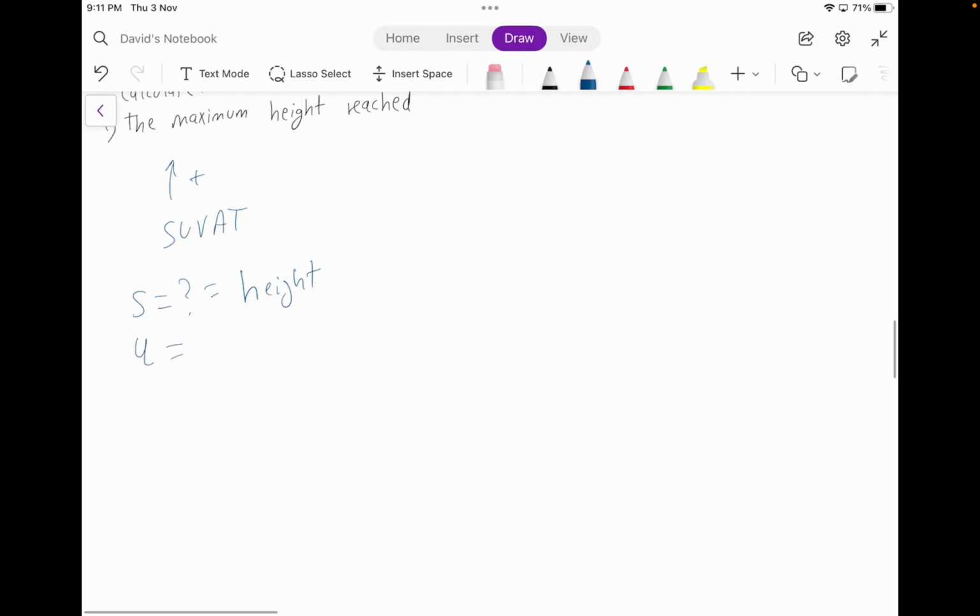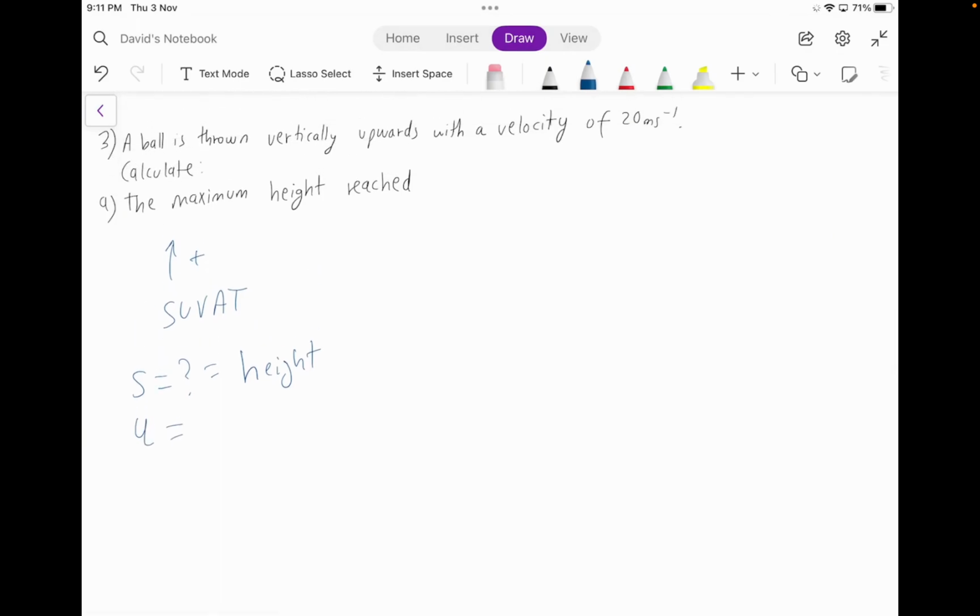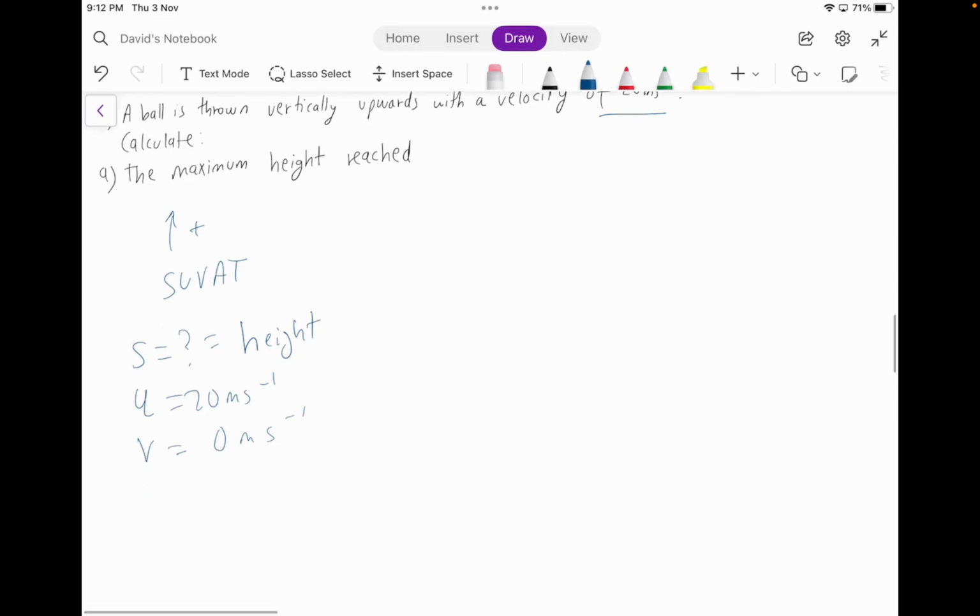The initial velocity is given to us as an upwards velocity of 20 meters per second. We're going to take that initial velocity as 20 meters per second, because this is the velocity with which the ball leaves the thrower's hand. Your final velocity is going to be 0 meters per second, because at the maximum height the final velocity is 0.